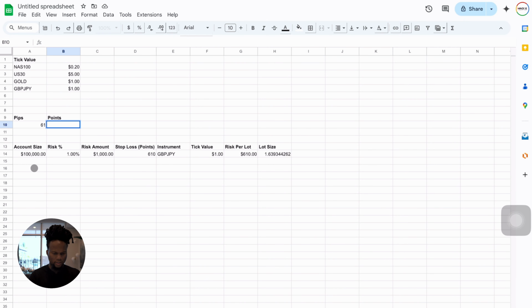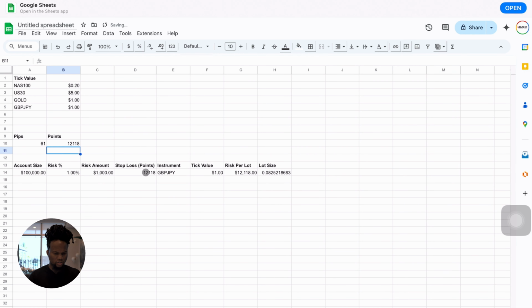I'm going to adjust this and give you 12,118. I'm just giving a simple example. So this is 12,118 points, right? Because of this, I'm going to give you the US 30 instrument. It's $5 per pip, and then you're going to have a 0.01 lot size for this specific move. Let me round it off to 2 decimal places.